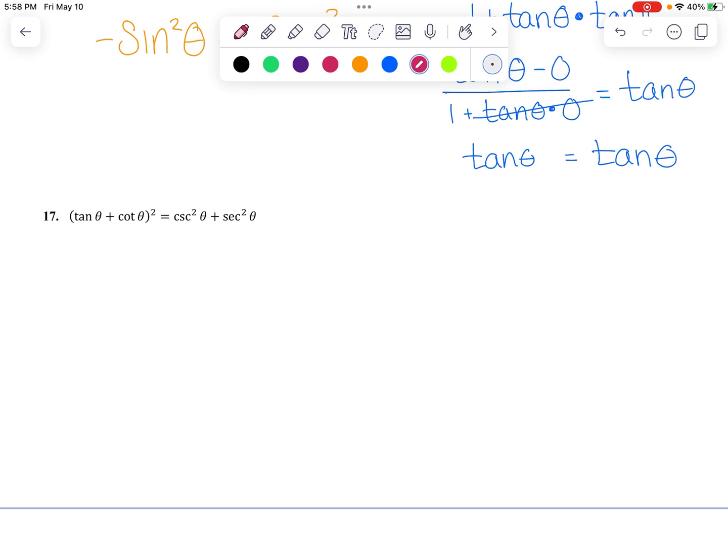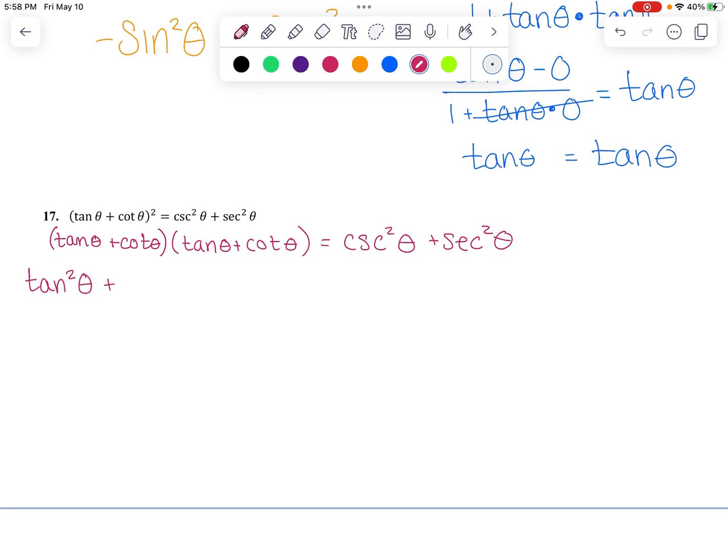Okay, next. Tangent plus cotangent, squared, equal to cosecant squared plus secant squared. So first off, to square a binomial, I multiply it by itself. Okay, FOIL that out.